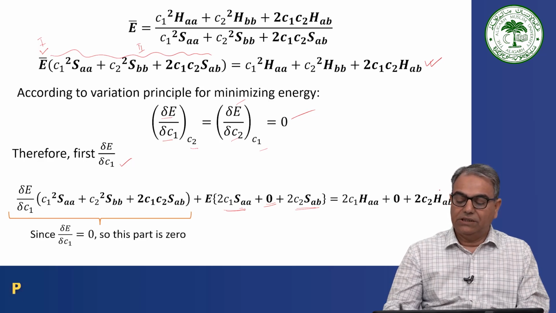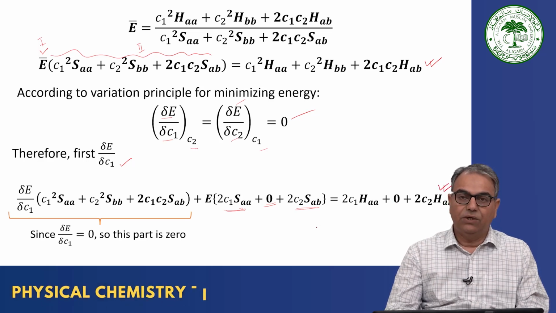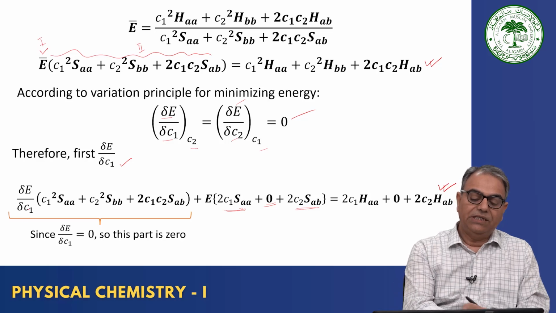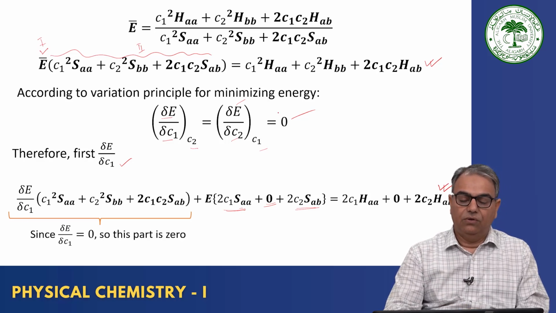Now you see in the last equation, this del E by del C1 you have to put equal to 0.